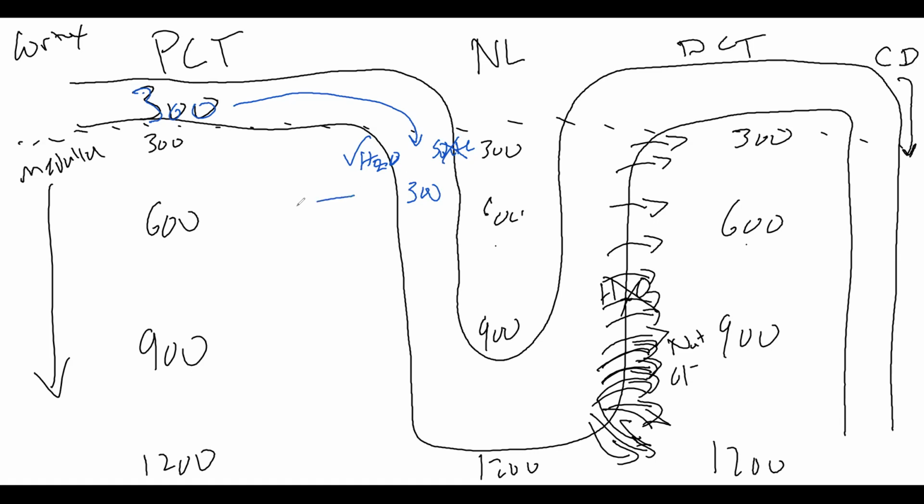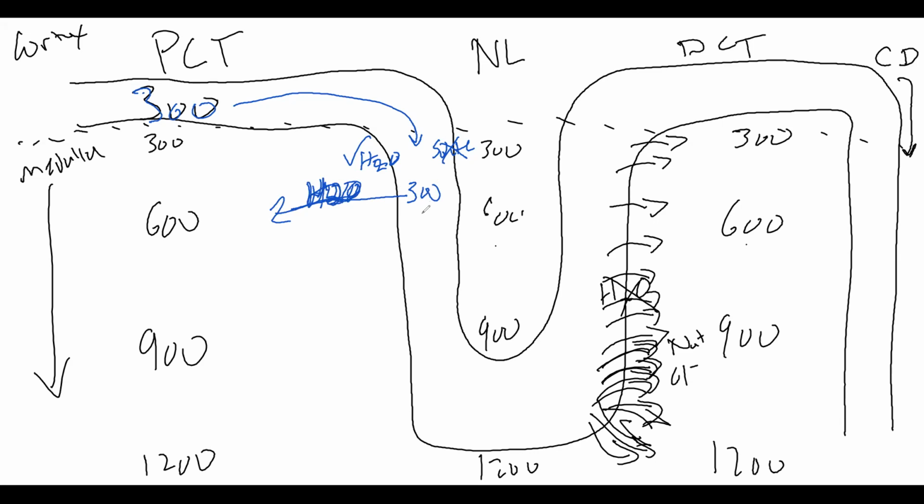So in this case, water is going to move out into the interstitial fluid, but sodium is not allowed to follow. Solute cannot move out. It stays in. So we saw this on the previous slide. When water moves out, if solute doesn't follow, the volume goes down, but the saltiness goes up.